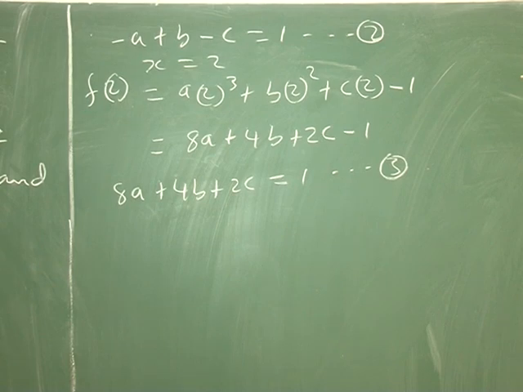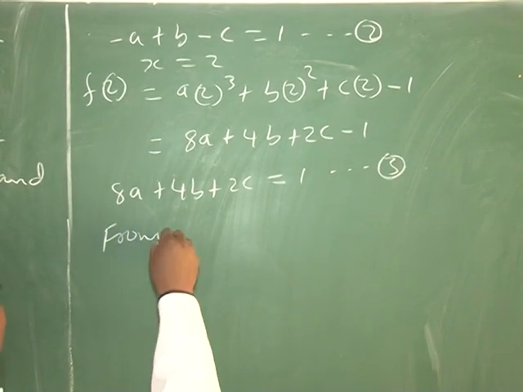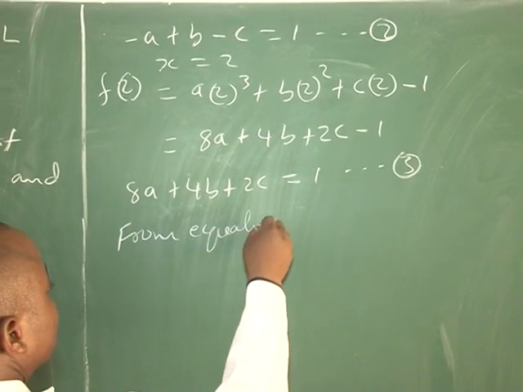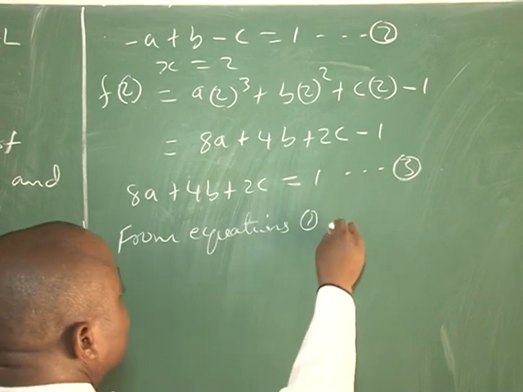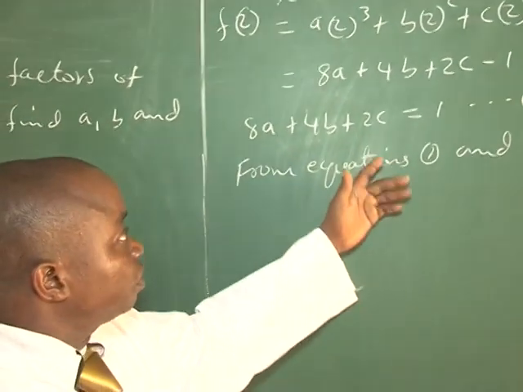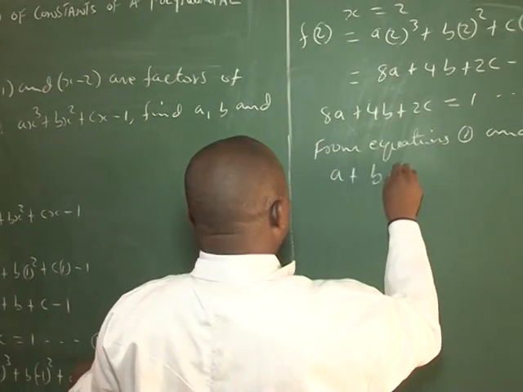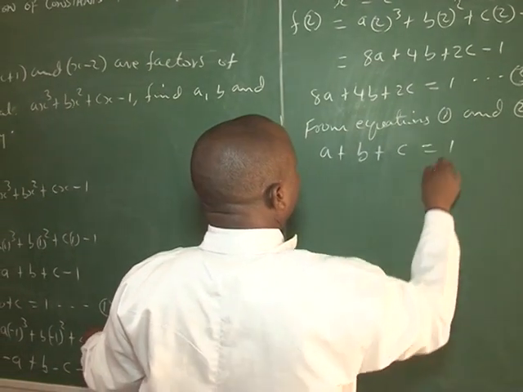We want to start from 1. We'll pick 1 and 2. So from equations 1 and 2. Equation 1 is a plus b plus c equal 1.